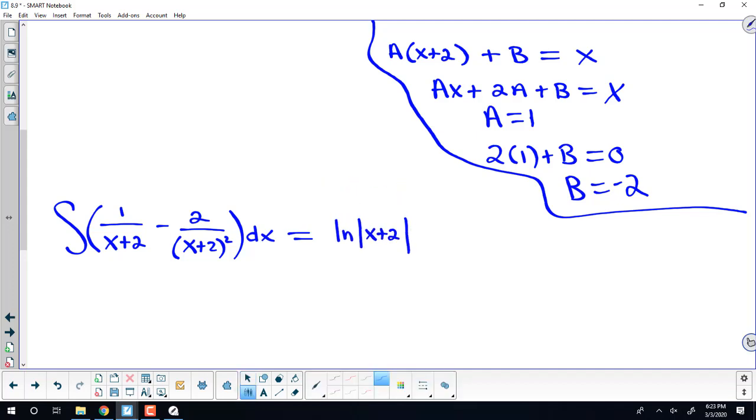You might use substitution here, but since we have x plus 2, the derivative of the thing on the inside is just 1. So you don't really need to worry about any weird multipliers or dividing things with that x plus 2 as your argument. So plus 2 over x plus 2 to the first.